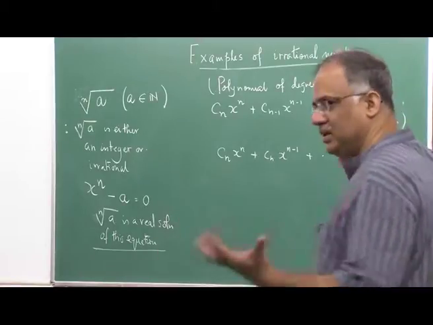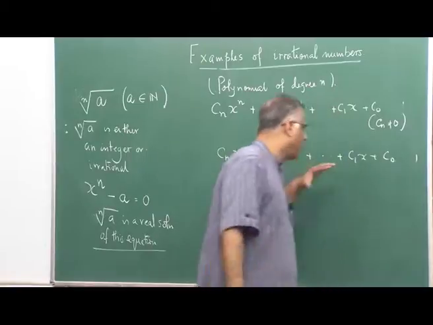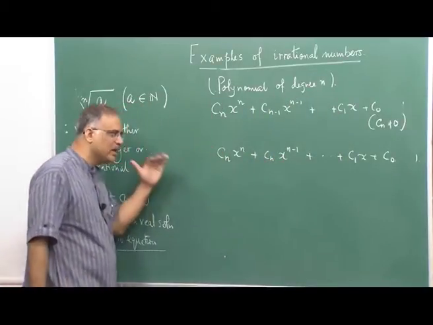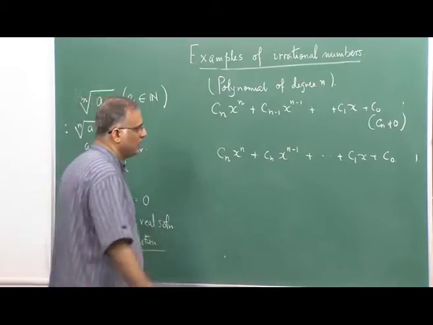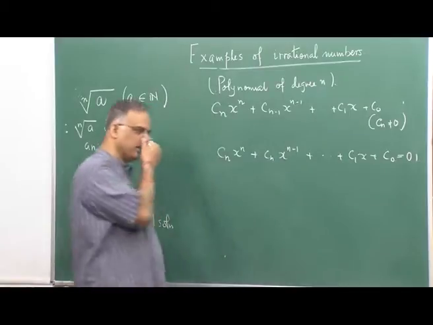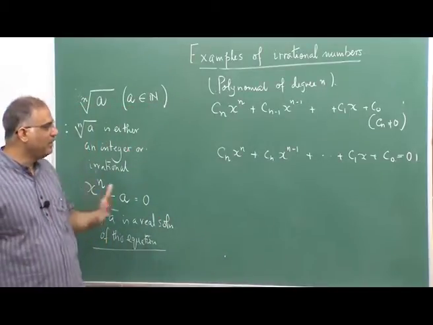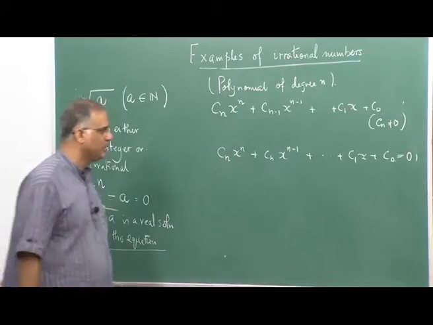The interesting fact is that we can now look at certain properties of rational solutions of this. Such an equation will have exactly n solutions, not at most, exactly n solutions.